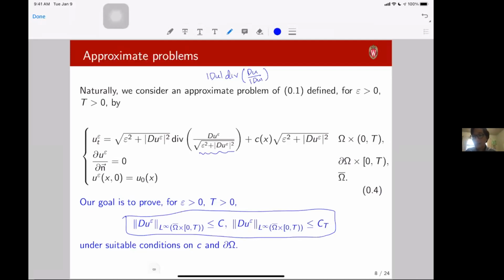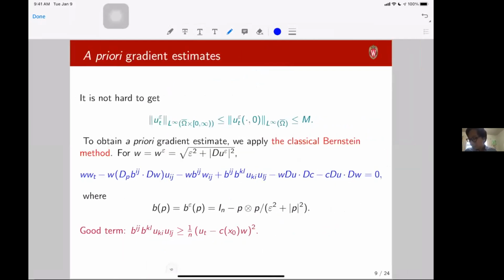Yeah, so this is that. It's not surprising. It's already from the earlier works by Evans and Spruck. And again, what is really interesting here is that we need to understand what happens on the boundary. It's not hard to get that the time derivative u epsilon t is bounded.